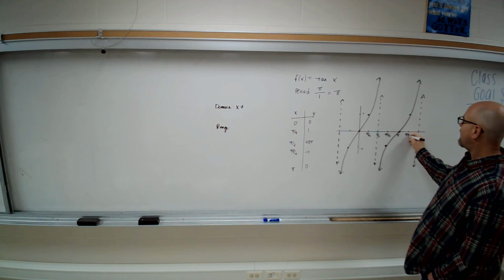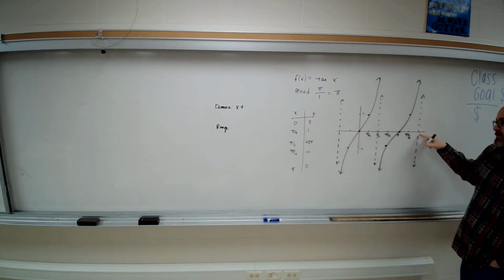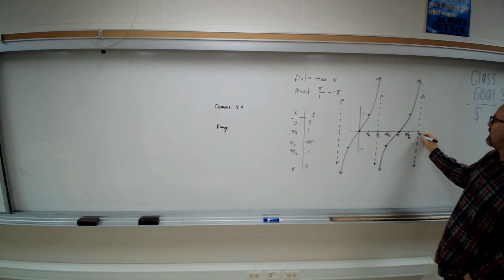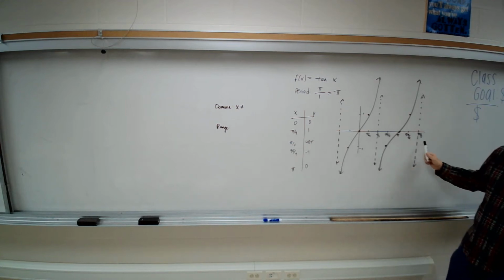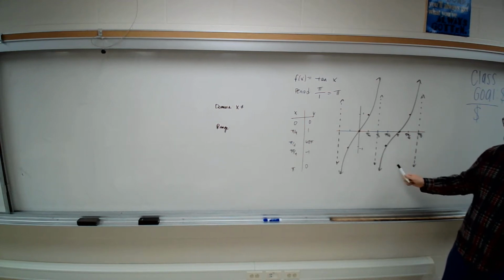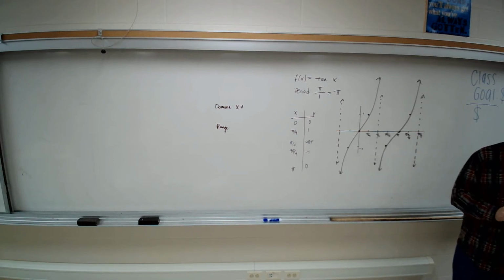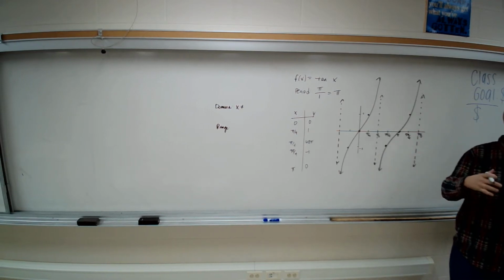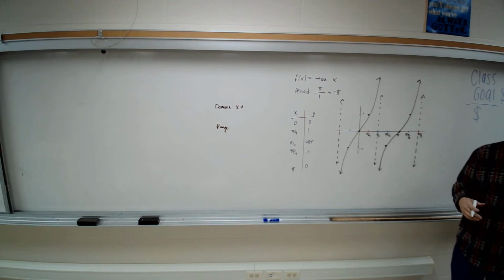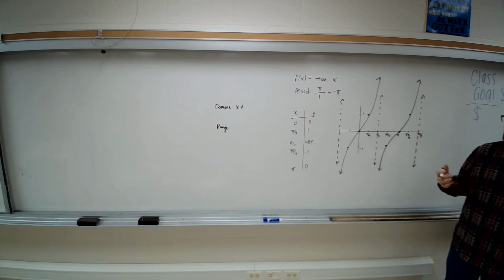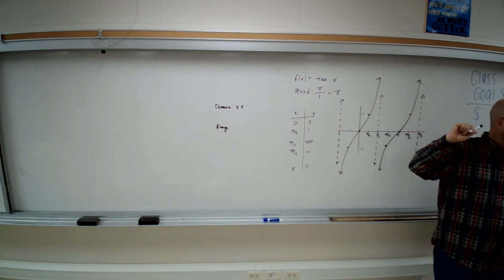This would be 5 pi over 4. This would be 6 pi over 4, which we'll call 3 pi over 2. So we can see the distance between the 2 vertical asymptotes is 3 pi over 2, take away pi over 2, right? Final minus initial, or farthest right minus the left one. So we see the period there's pi, which I guess we could have just looked there also.